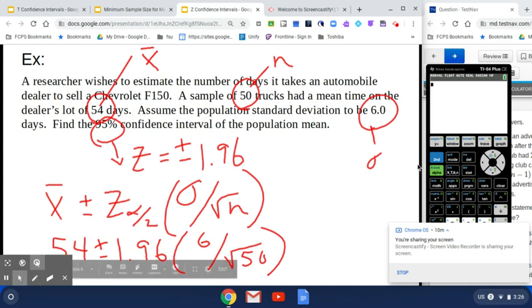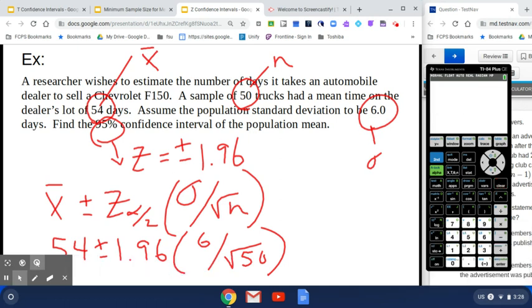So over here in my calculator, I am plugging in 6 divided by the square root of 50. I'm going to multiply that by 1.96.